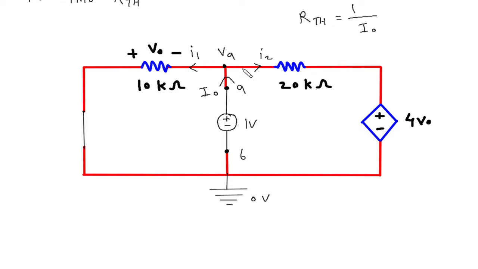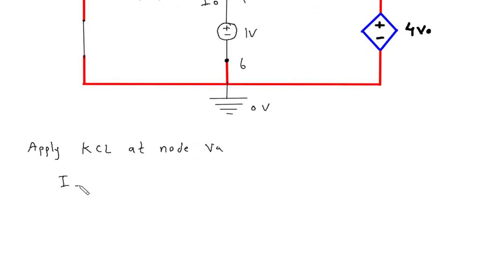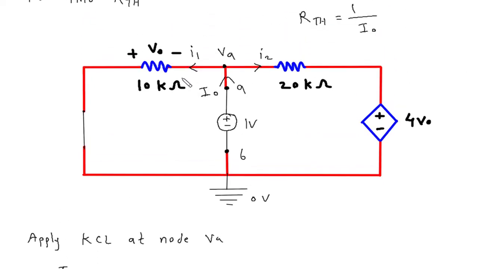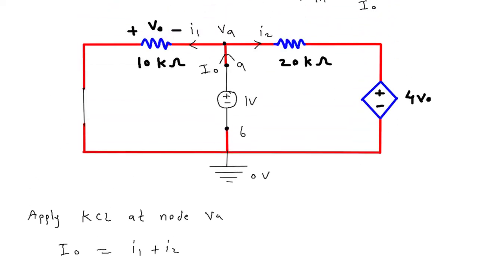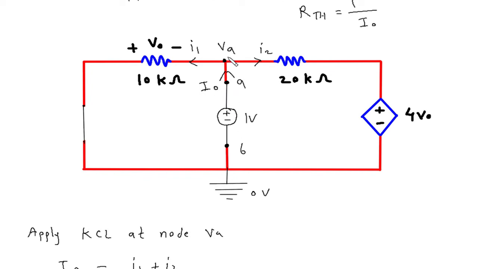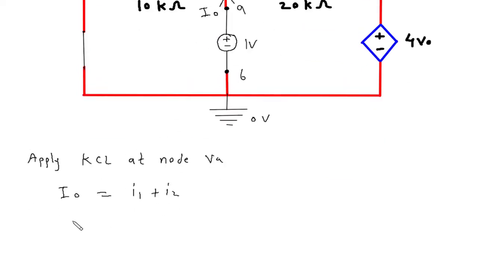Now we will apply KCL at node VA. So summation of all the entering current is IO, and leaving current at this node is I1 plus I2. Now IO we will write as it is.